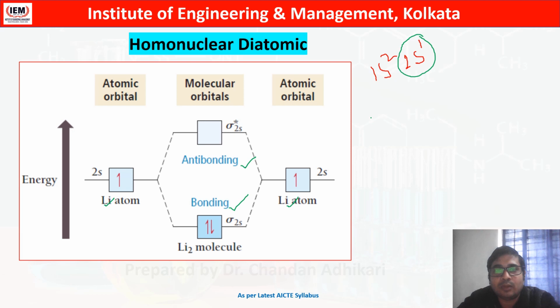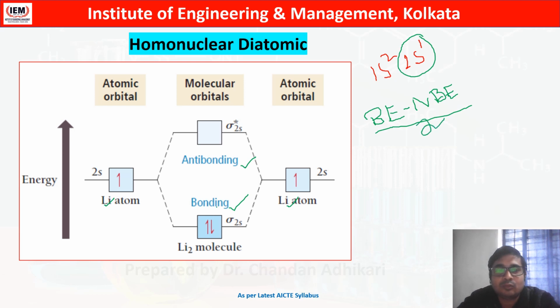And we have also discussed the bond order, which is the number of electrons present in bonding orbitals minus the number of electrons present in anti-bonding orbitals. So bonding electrons, Be, I am writing, minus anti-bonding electrons, divided by 2.